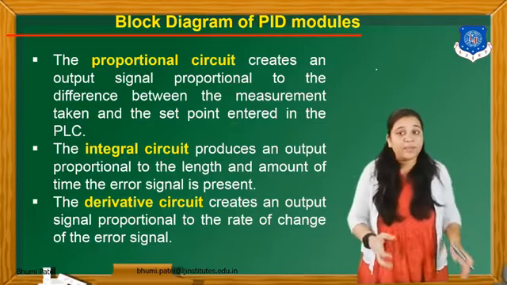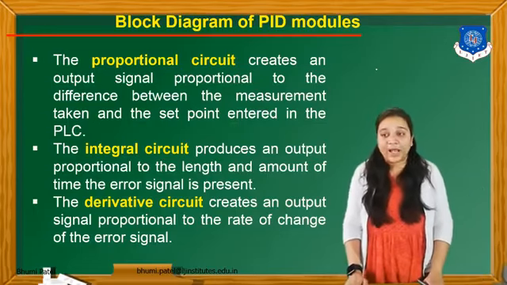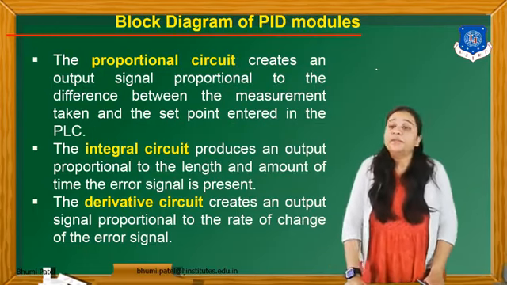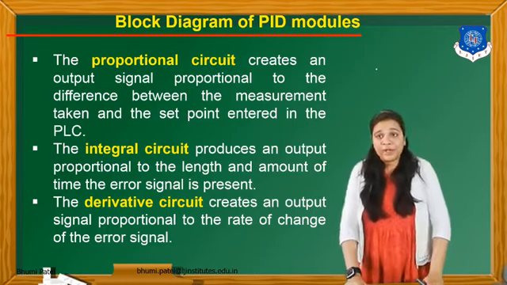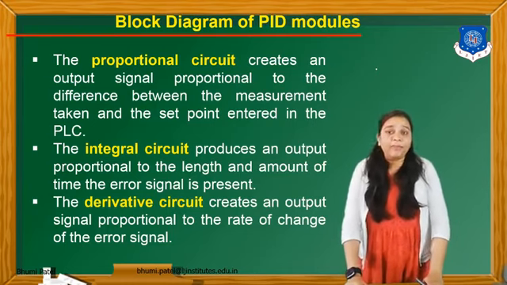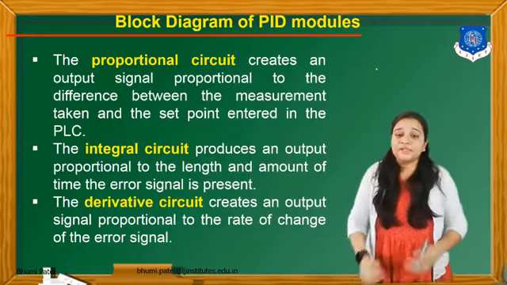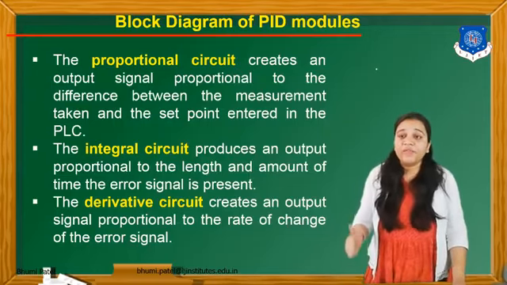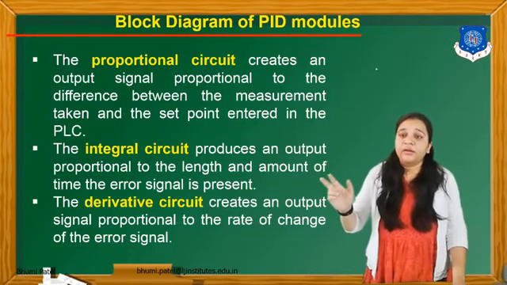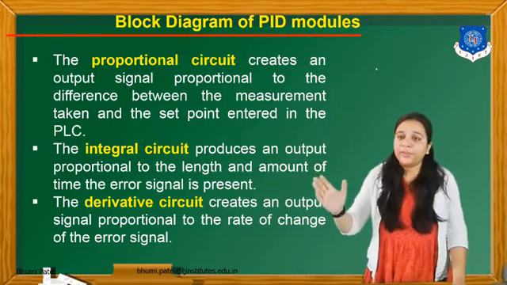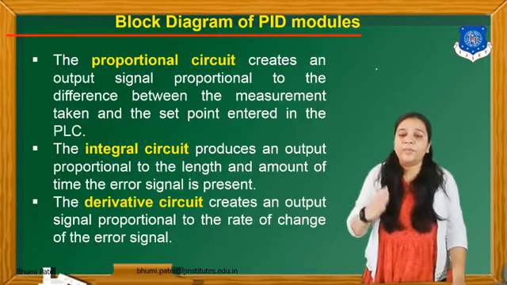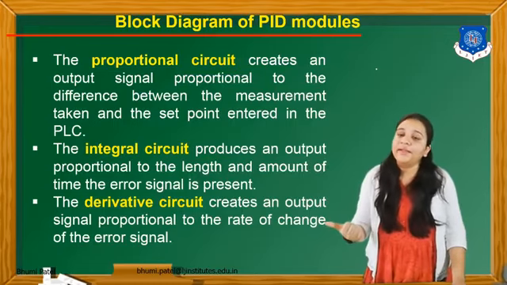If we use a PID module in this particular plant, it is the best solution to get the best output. But in an average system, there is no requirement to connect the PID module, because the overall circuit will be more complex. So if we have a problem in the measurement value, at that time we can connect only the proportional circuit. If we have an error in the signal, meaning the signal is applied and there is a problem in the signal, at that time we can connect the integral circuit.